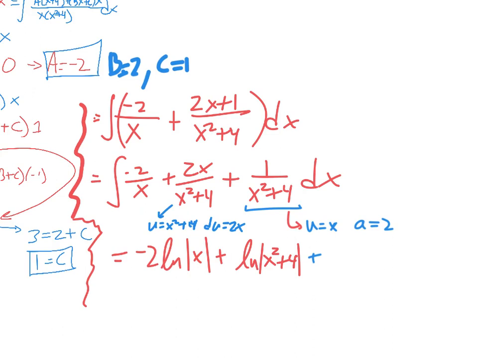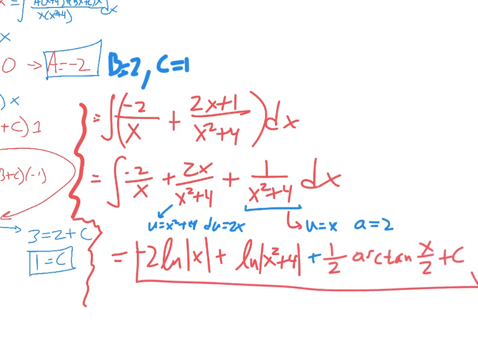So this is u is x and a is 2. And so this is 1 over a, 1 over 2, times the arctan of x over 2. All right, there it is.